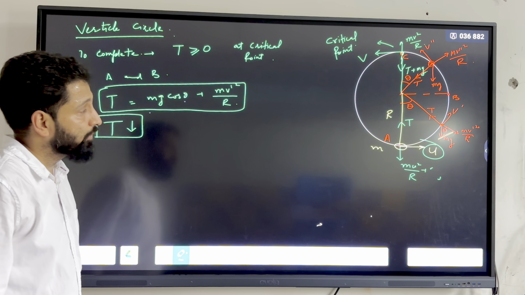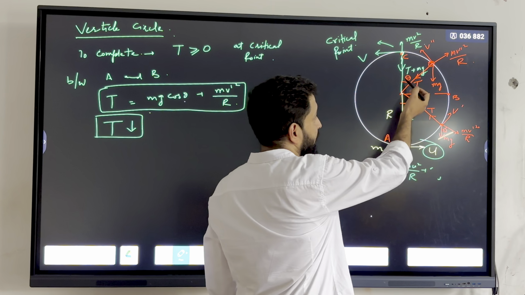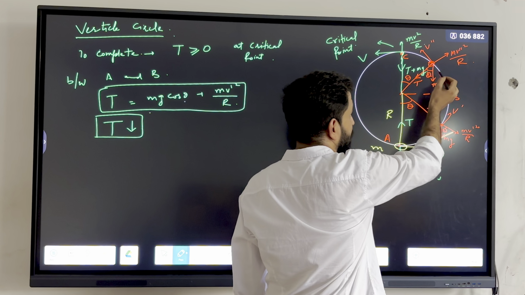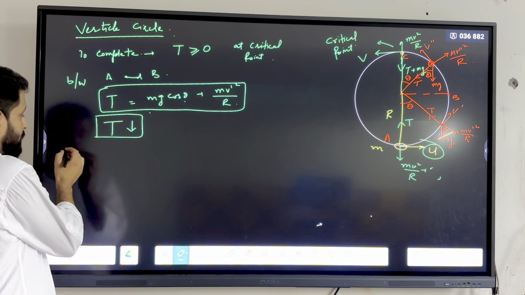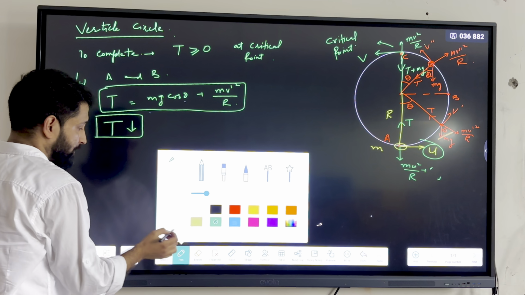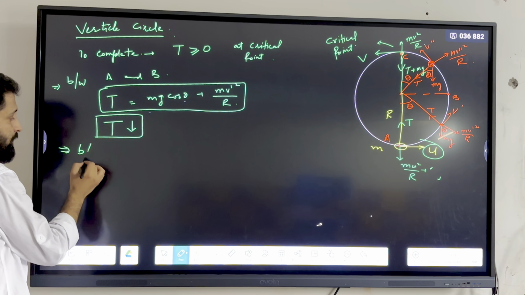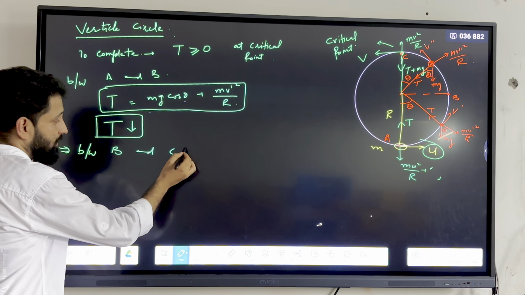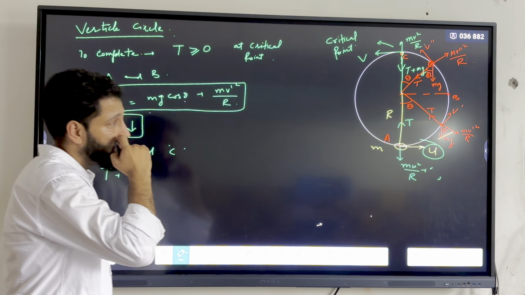Now if we equate the forces along the radius, we can see that if this is theta, this is also theta. So here, between B and C, T plus mg cos theta.